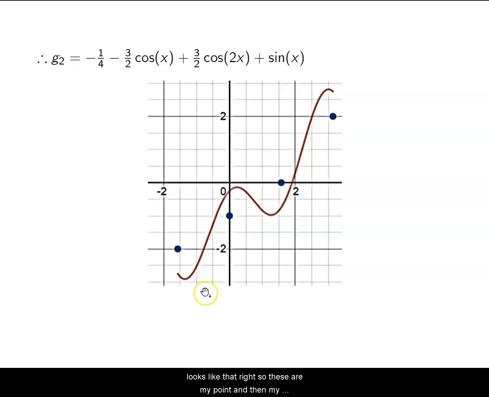So these are my points, and then my function oscillates between them. But notice again, what we're trying to do is not necessarily just hit the points, but minimize the distance from the points. So my function and the distance between them, as far as sums of sines and cosines, should have minimal distance differences.